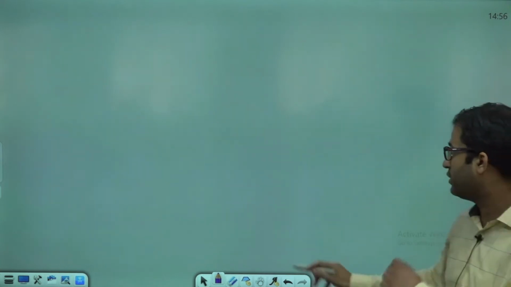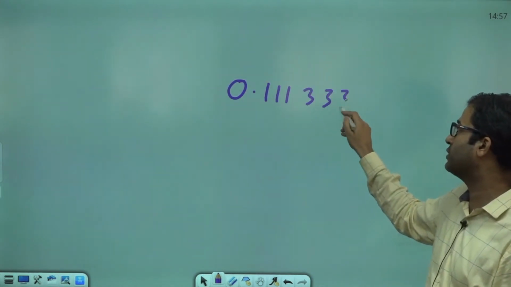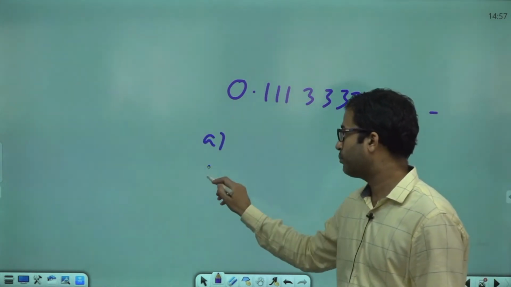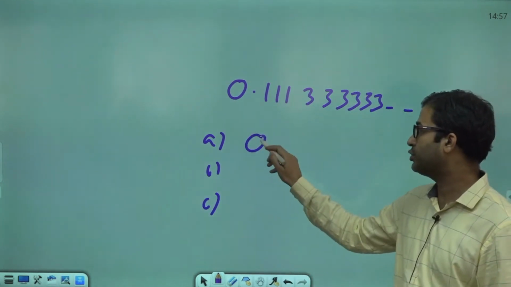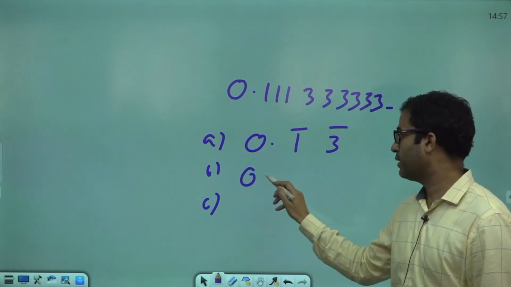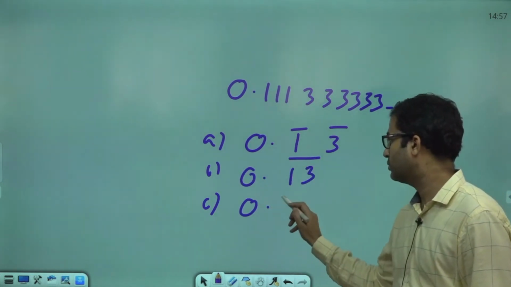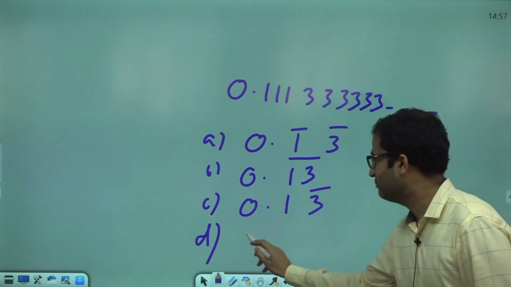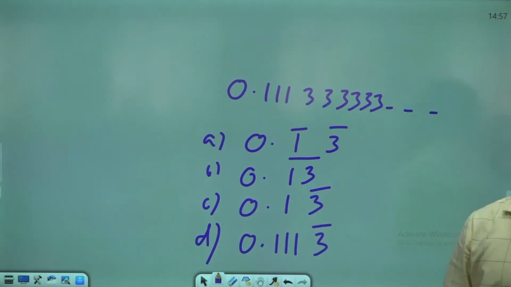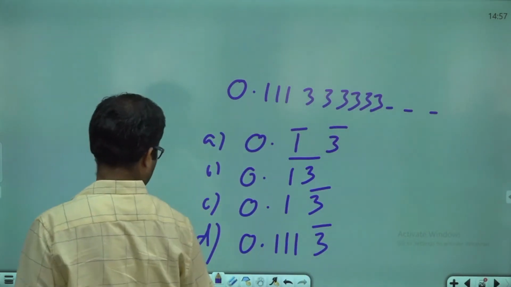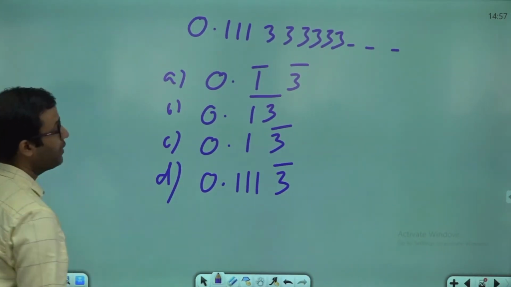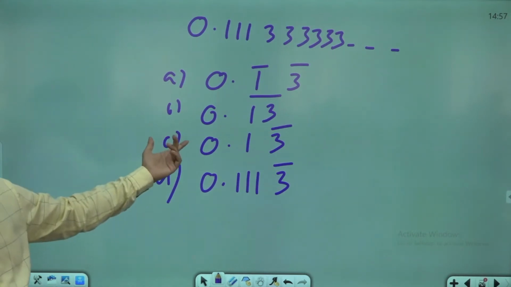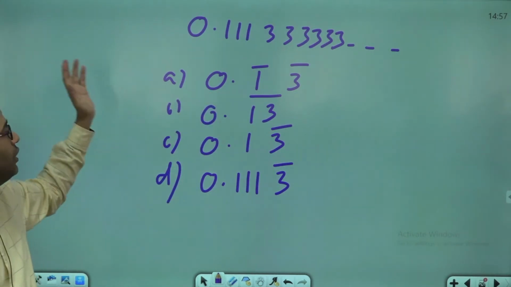Achha, if I ask you, if it is 0.11133333333, okay, options A, B, C, D. Here I have to express it with a bar or with fewer digits. I don't want to write so much. So what is the best way?